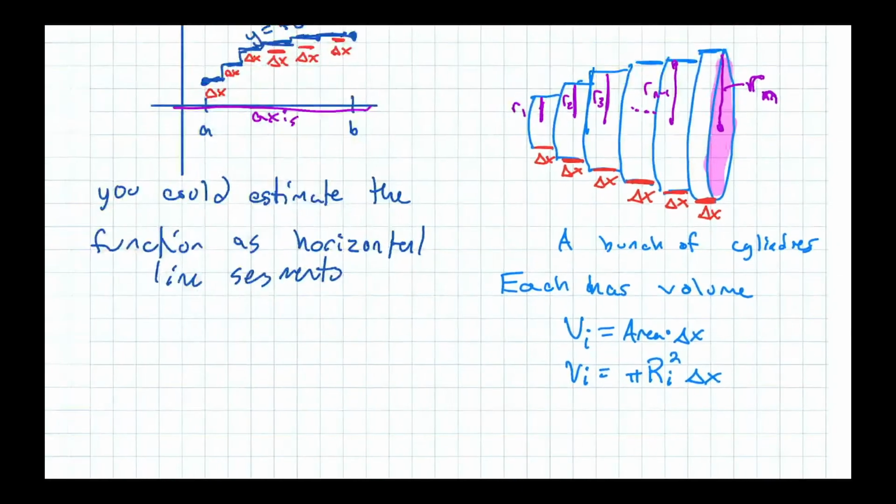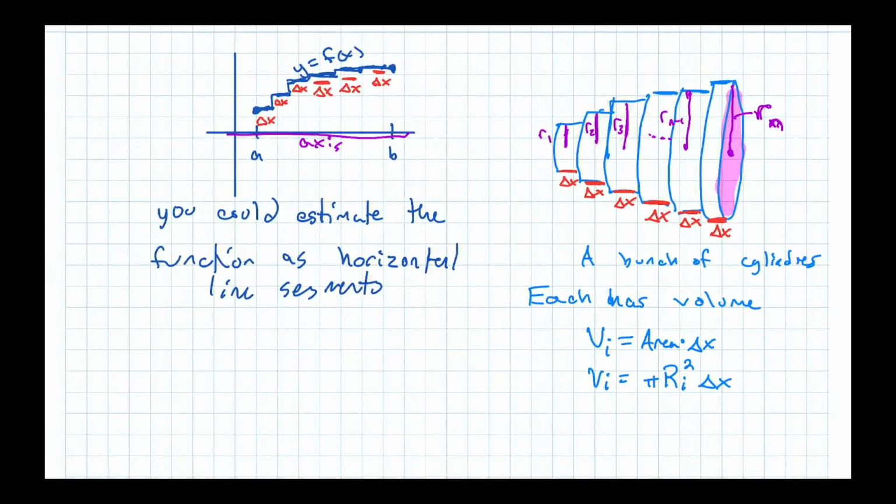And you could even go further, because how are you going to get the radius? The radius over here is different than the radius over here, which is different than the radius over here. And the radius is actually going to come from this function here, right? The radius is like this distance, or this distance, or this distance. So big radius here, small radius here.